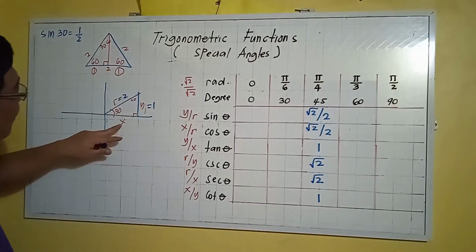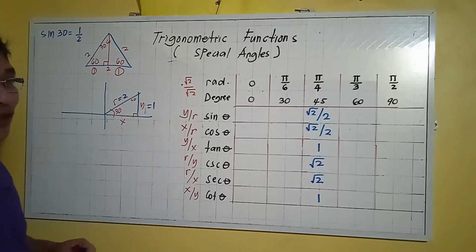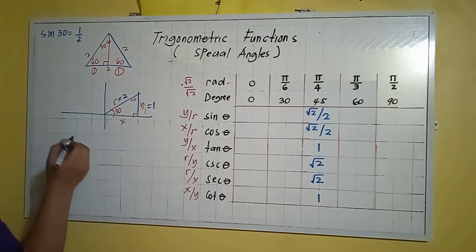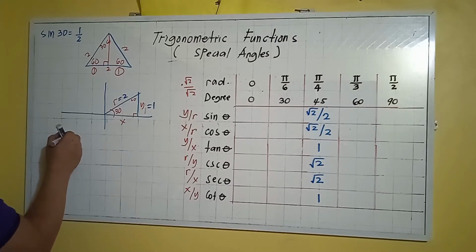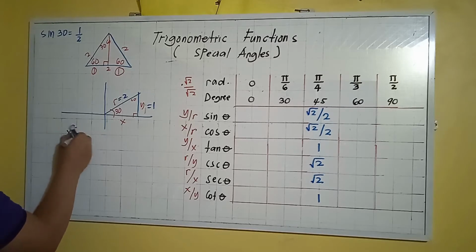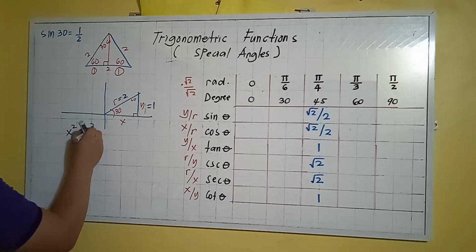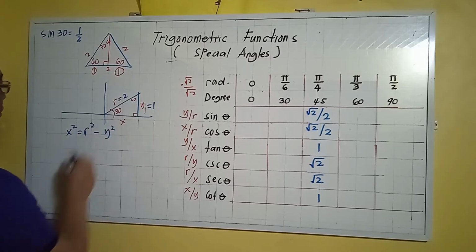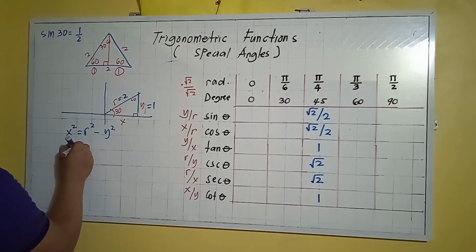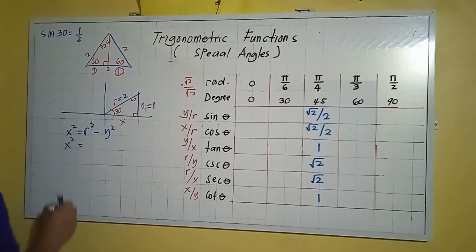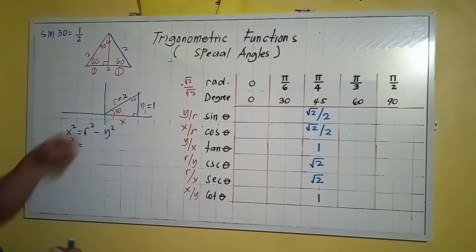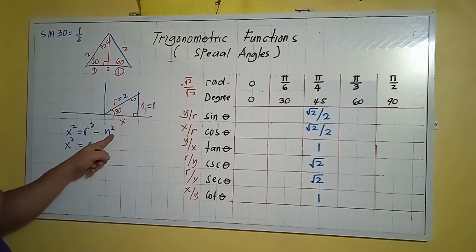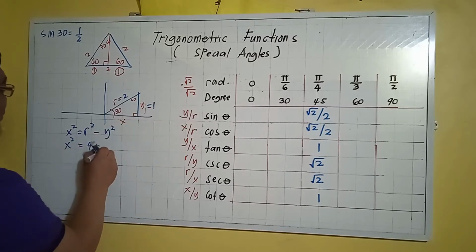Now, umpisahan natin hanapin yung x using Pythagorean theorem. If we have a formula which is x squared is equals to r squared minus y squared, that is x squared is equals to r squared, 2 squared is equals to 4 minus 1 squared, y squared. 1 squared is equals to 1.